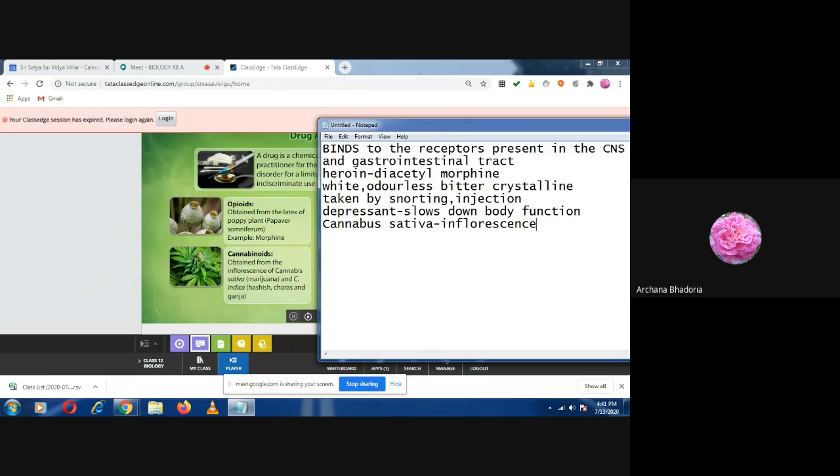So remember: inflorescence, flower tops, resins and leaves.